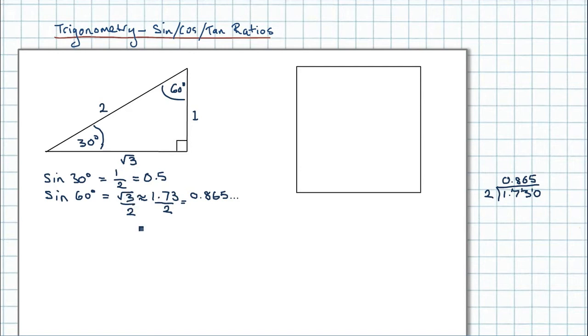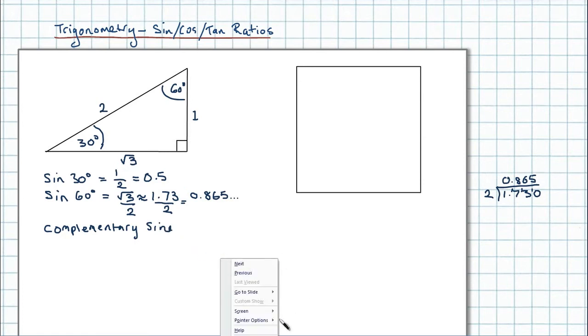Okay, if the sine of 30 degrees is a half, or 0.5, and the sine of 60 degrees is, and I'll give the exact value only here, root 3 over 2, what about the cosine? Now the cosine means the complementary ratio, the complementary sine.